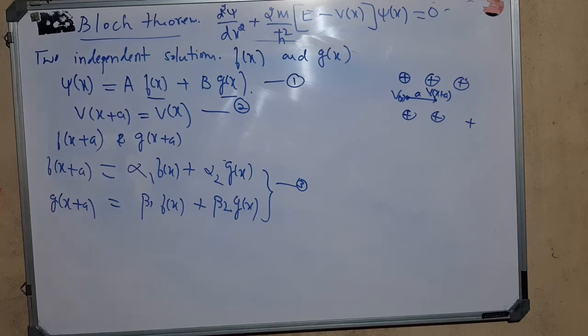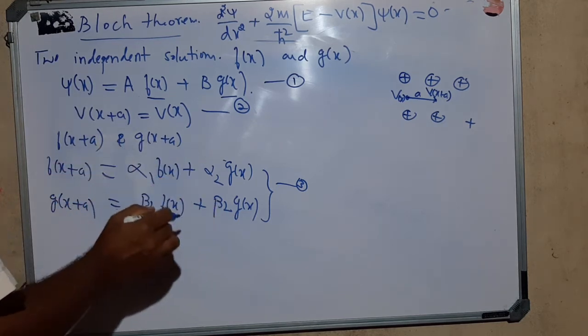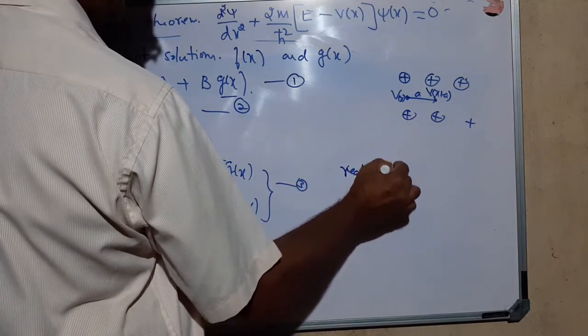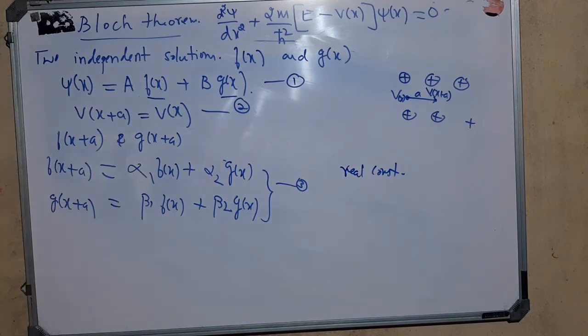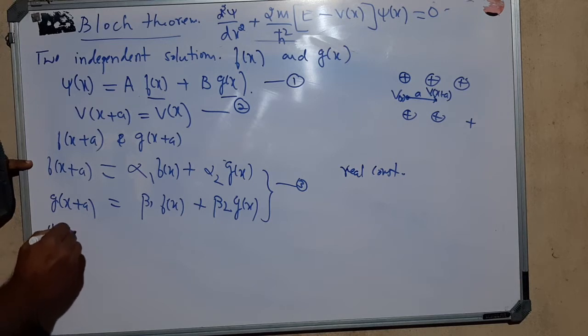So, here alpha 1, alpha 2, beta 1, beta 2 are all real constants. Now, we can write the solution xi of x plus a.